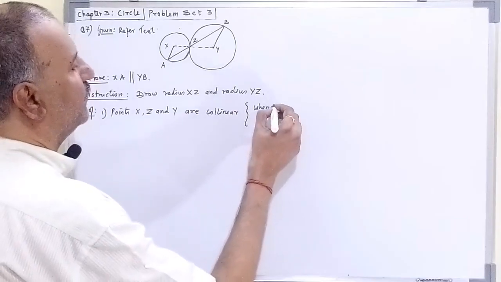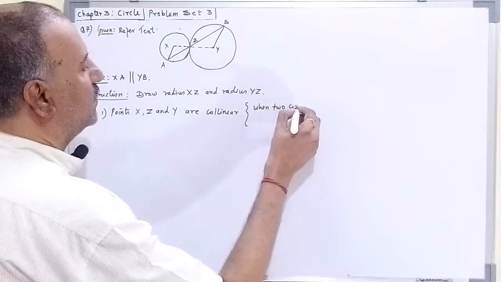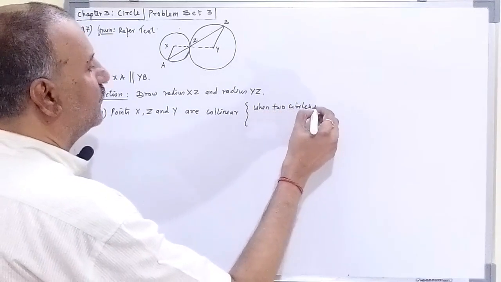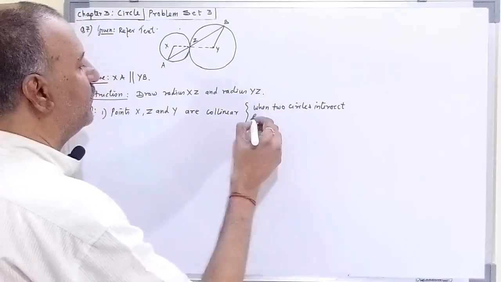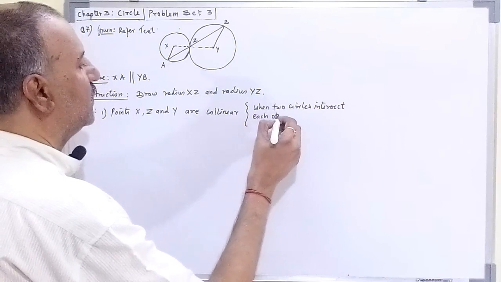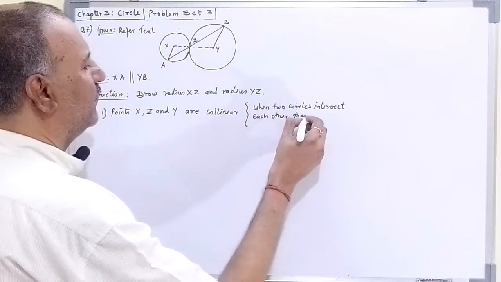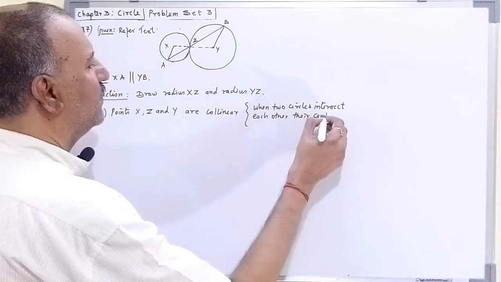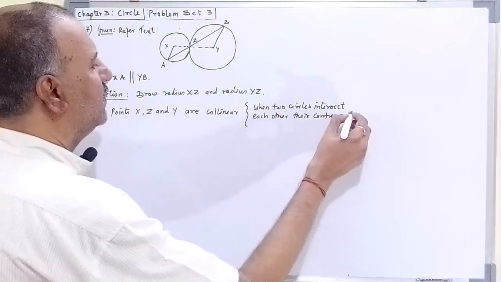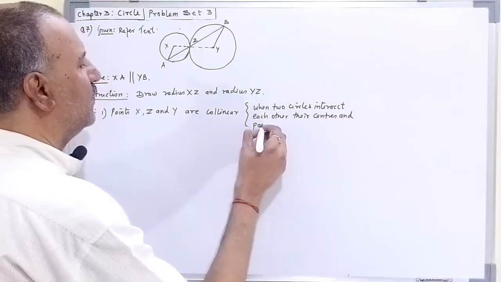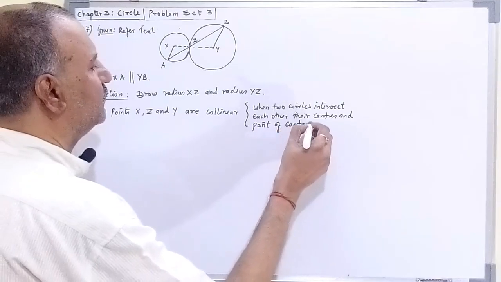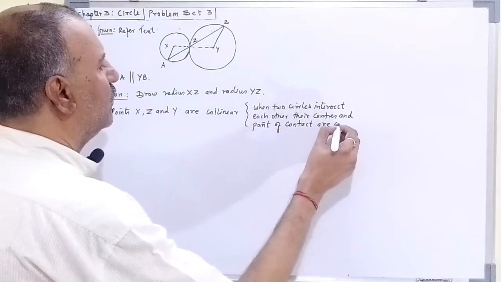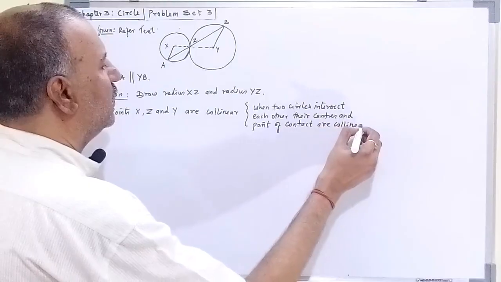When two circles intersect each other, their centers and point of contact are collinear.